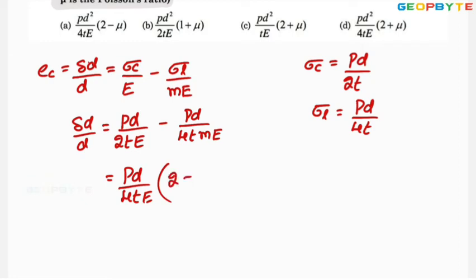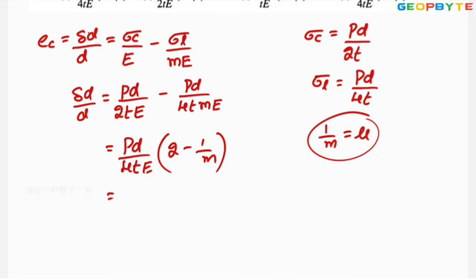It is 2 minus 1 by m. Here 1 by m is the Poisson's ratio, given is mu. So it can also be written as PD by 4TE into 2 minus mu. This is equal to delta d by d.